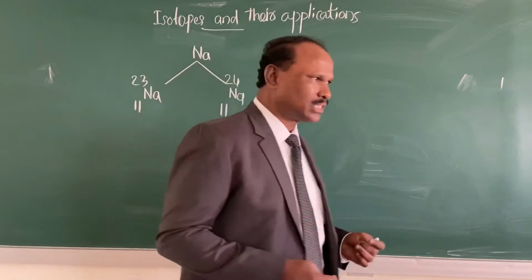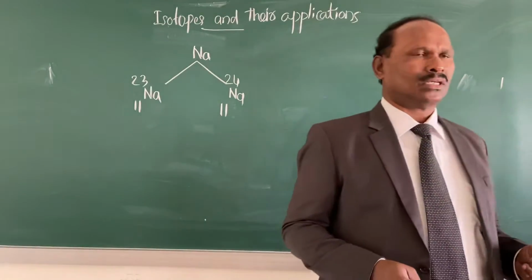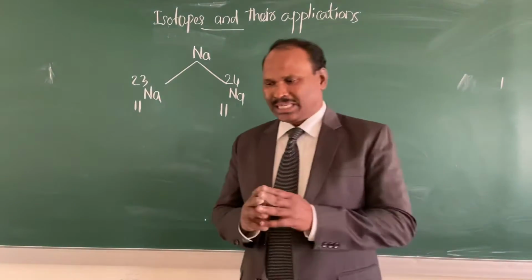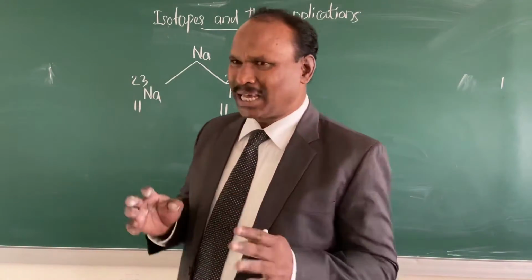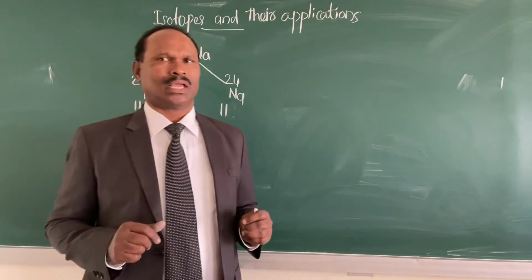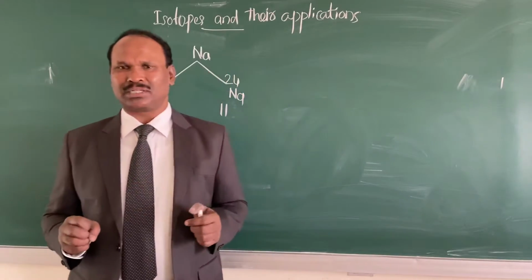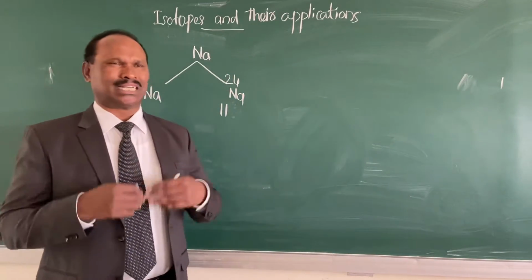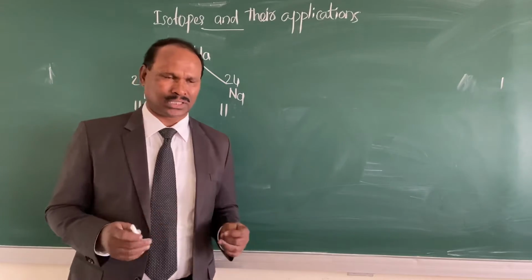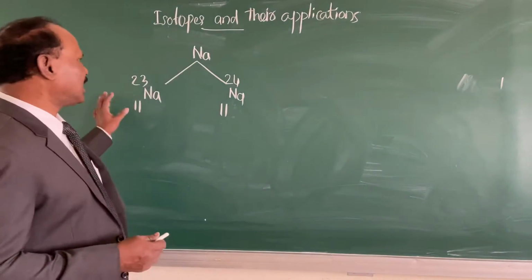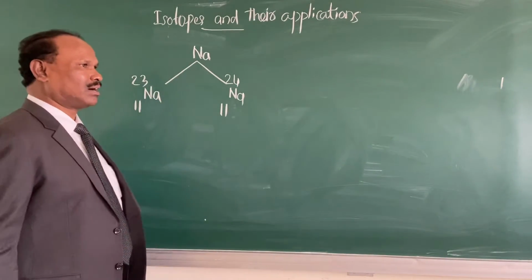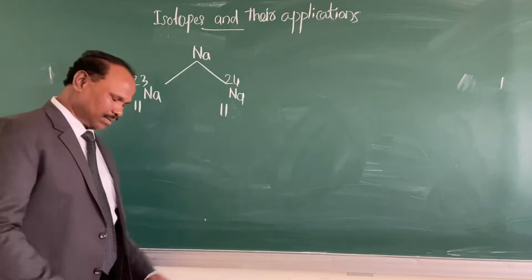I will define this once again. The atoms of the same element having the same atomic number but different mass numbers are called isotopes of that particular element.